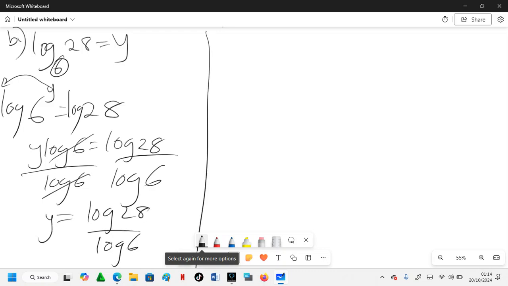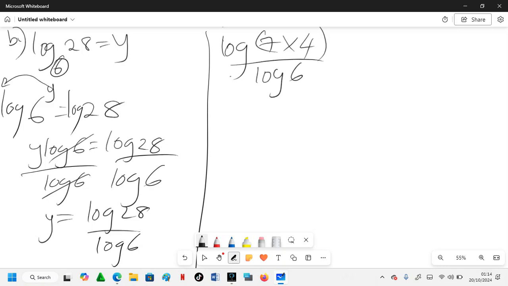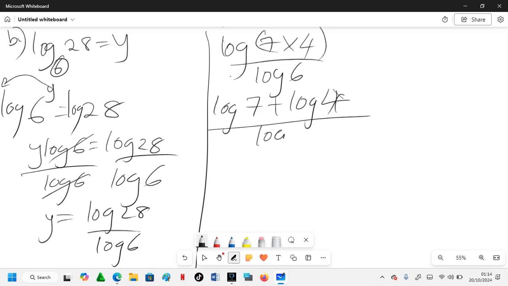Now log 28 cannot really be read from the table, so we can say it is log 28. 28 could be 7 times 4. Log 7 times 4 over log 6, which is just log 7 plus log 4, using the law of multiplication, over log 6.